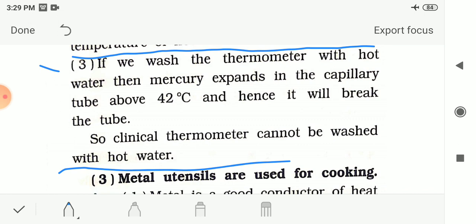As we had seen, it is only used for measuring the temperature of the human body or any patient's body. It is not used to measure the temperature of any object or hot water. So we cannot wash the clinical thermometer with hot water, as its range is only 35 degrees Celsius to 42 degrees Celsius. So this is our second reason.